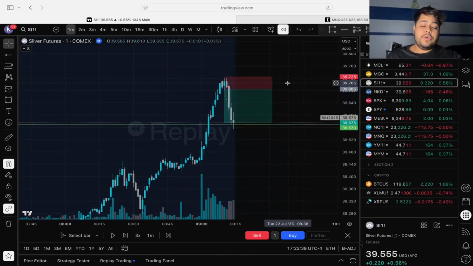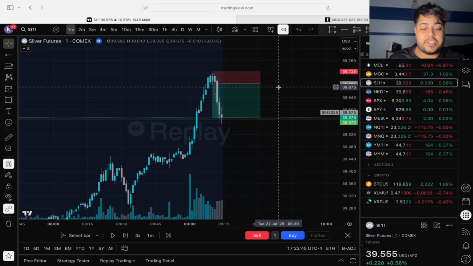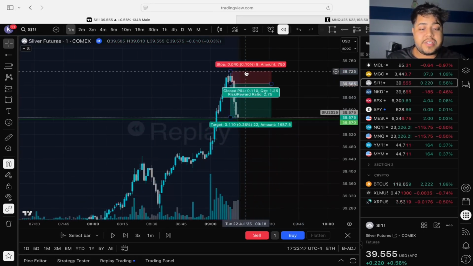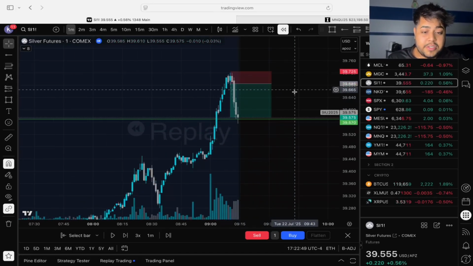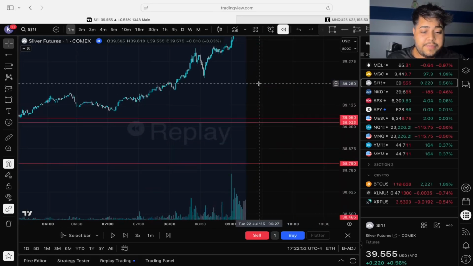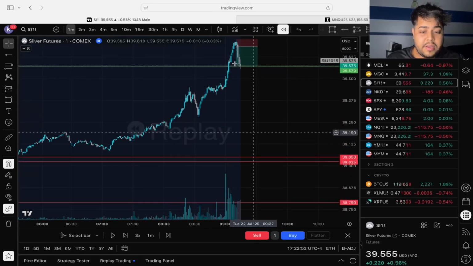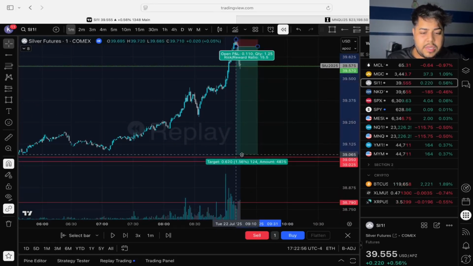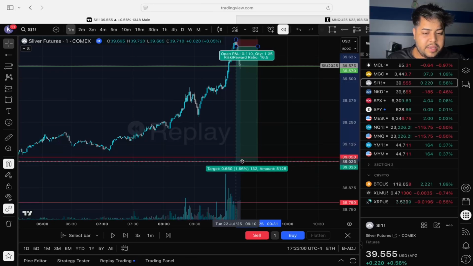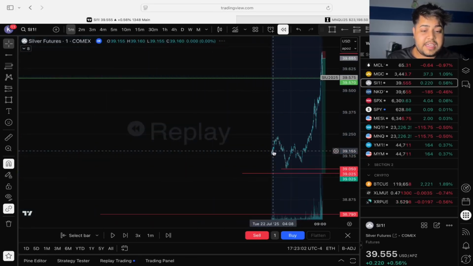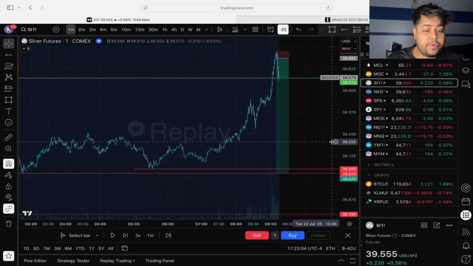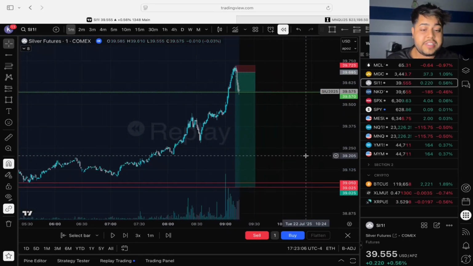If you don't know, silver is very tricky, and it is $25 per tick. I had 2 contracts, so it was $50 per tick. I was risking like $450, and then my take profit was these lows down here, something outrageous, because I just knew it was all-time highs, and I knew if the shorts wanted to short this, they were going to take it low.